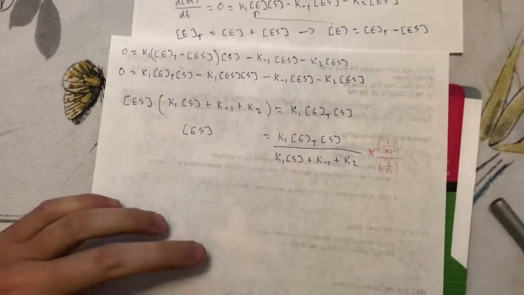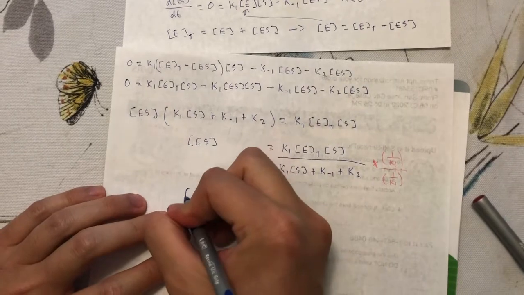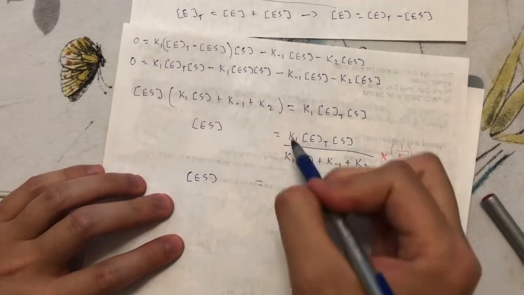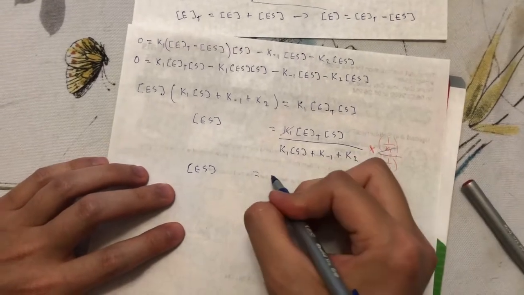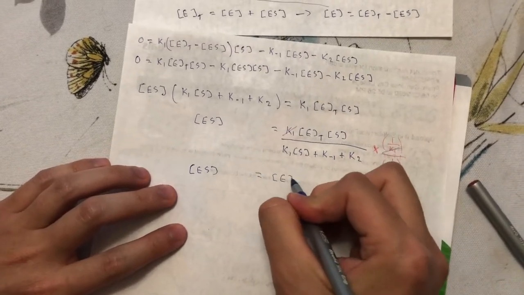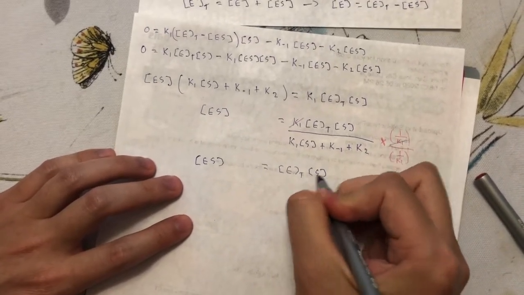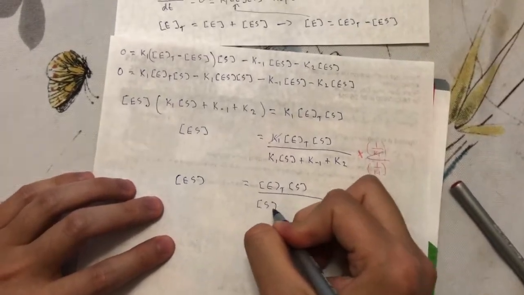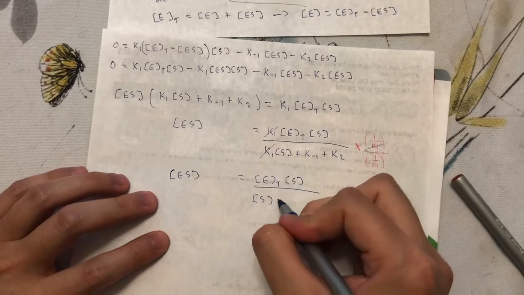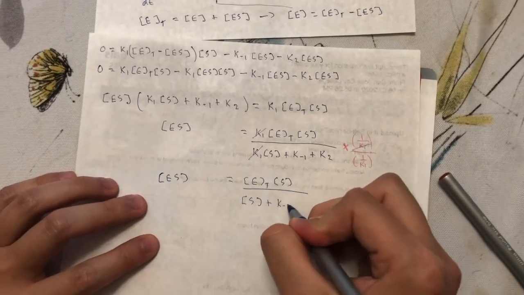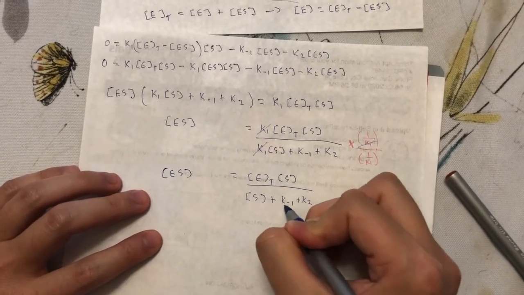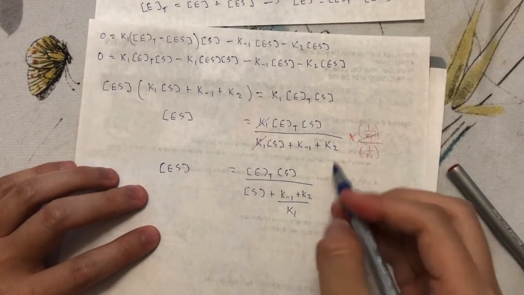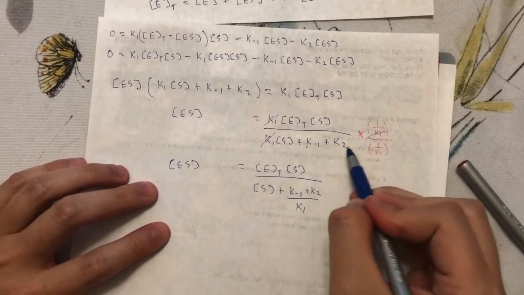So now, when we write out ES, that is equal to, these K1s cancel, so we have ET times S over S, because these cancel, plus K minus 1 plus K2 over K1, because the K1 doesn't cancel over here.